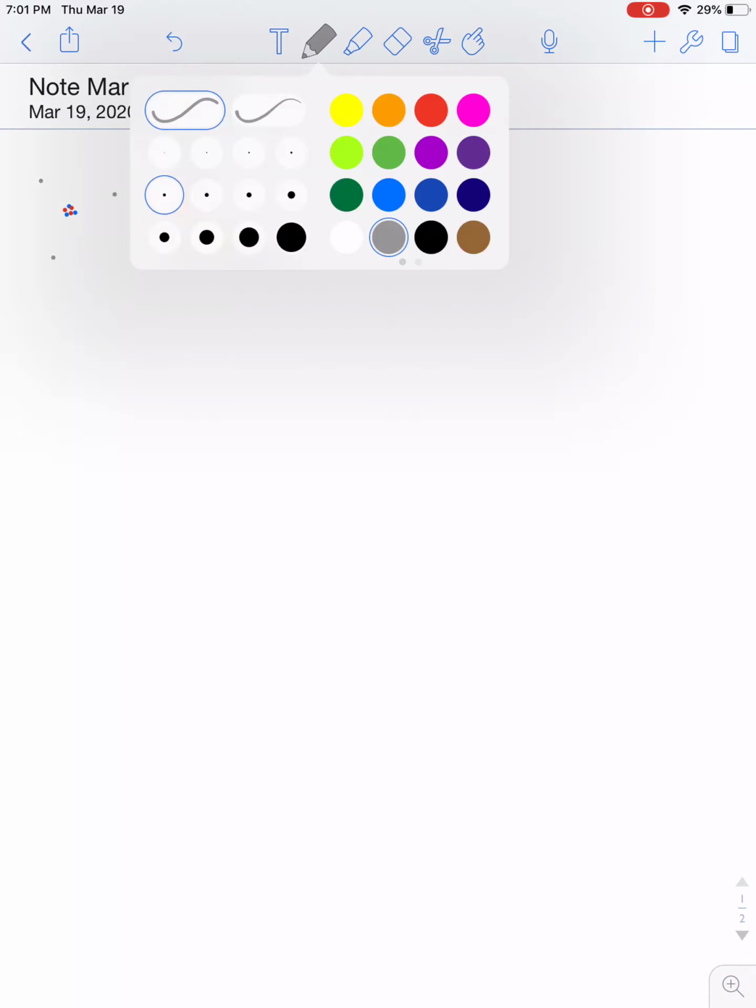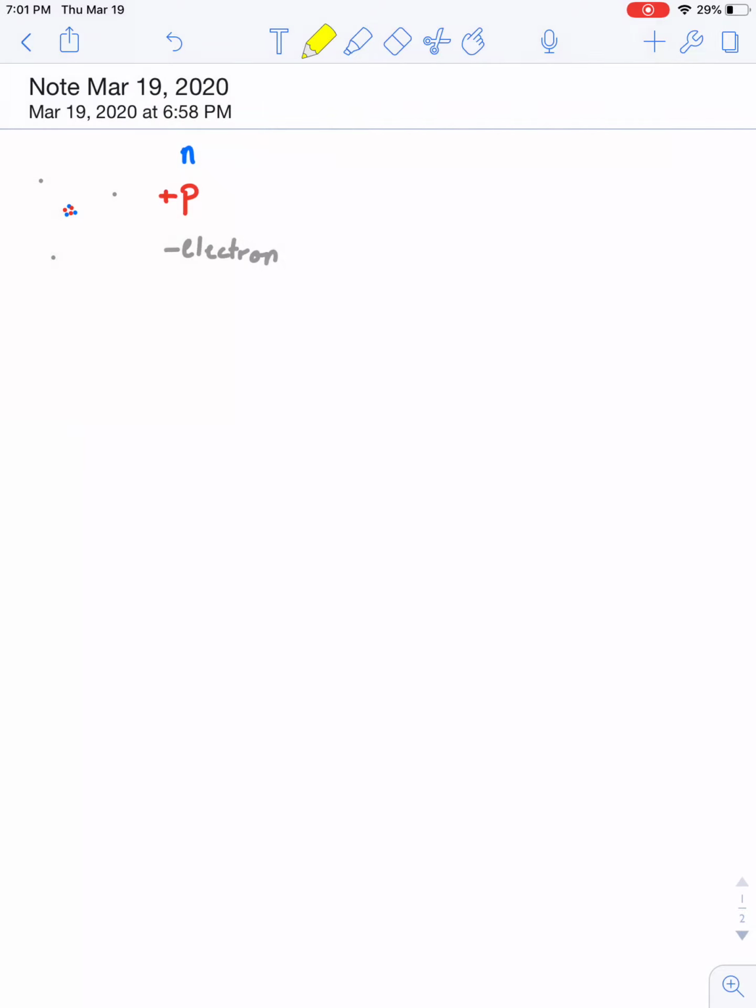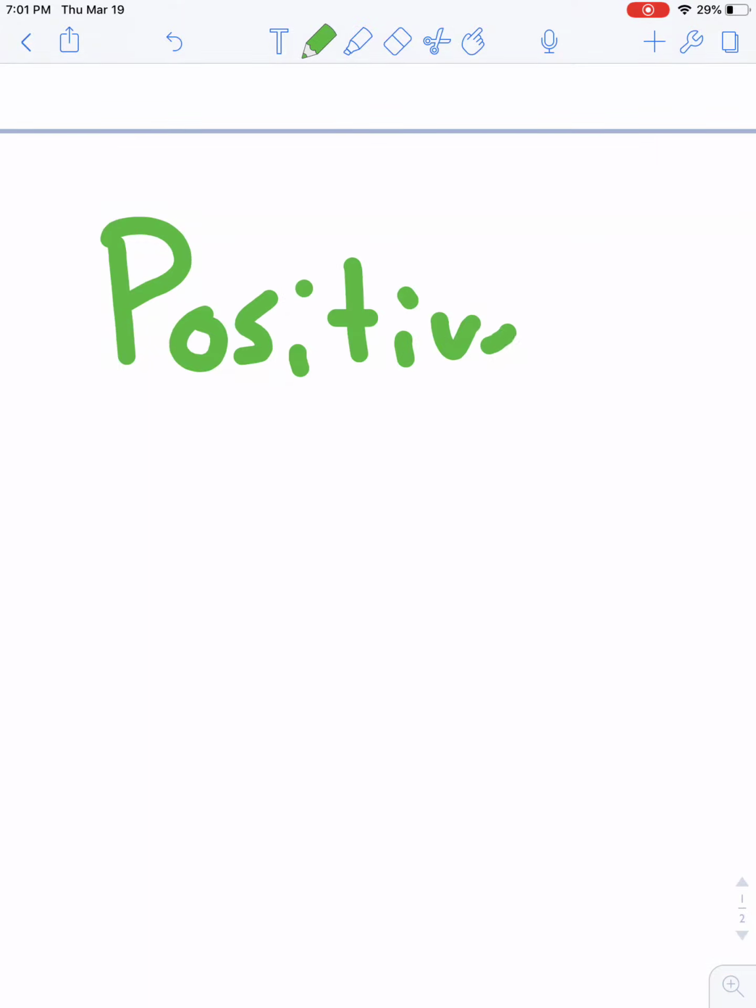So let's talk about the 2 different types of charges. Let's go with green. Let's look at what a positive charge is. I just kind of mentioned it.